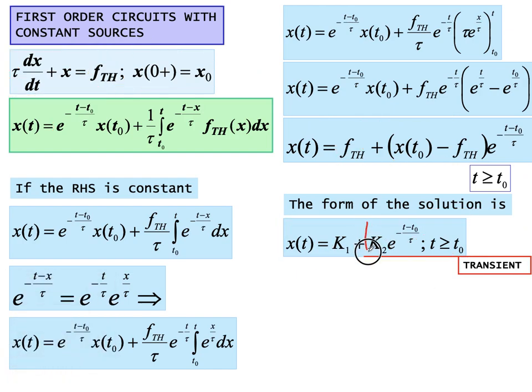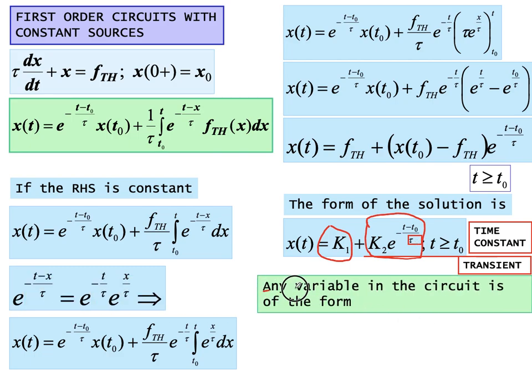In this solution, this part is known as the transient solution. This is the term that actually allows you to determine the natural response of the circuit, and this part of the equation is the forced response, also known as the particular solution of the differential equation. This tau is the time constant that we have set. Any variable in the circuit can be of this form.